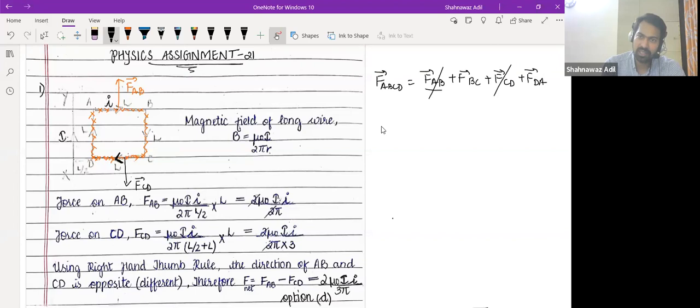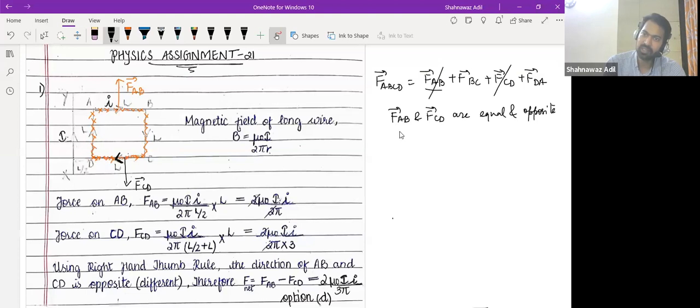So now only the left ones are FBC and FDA.